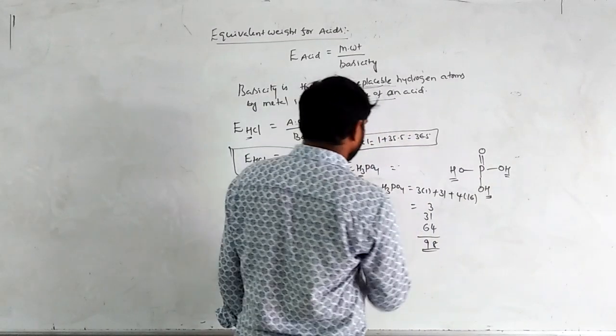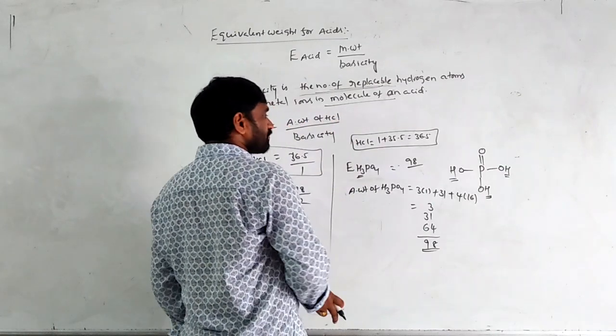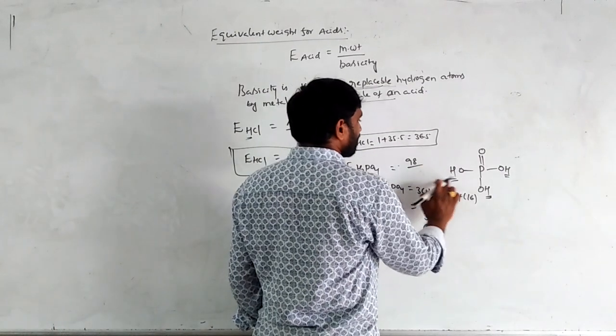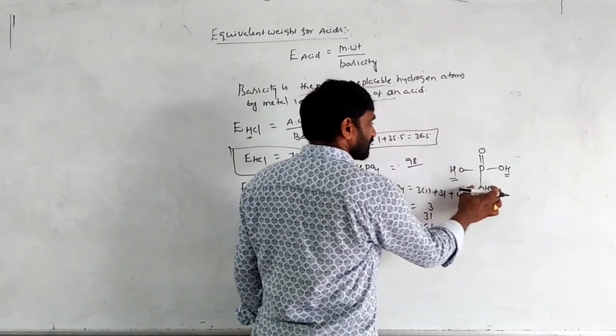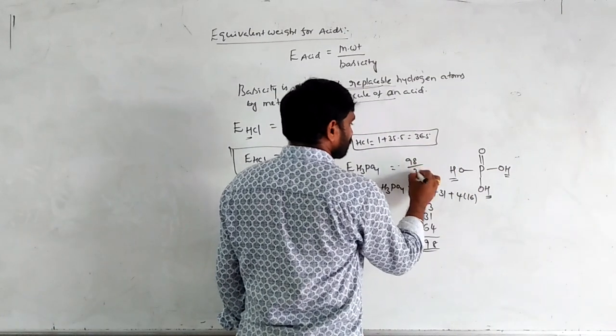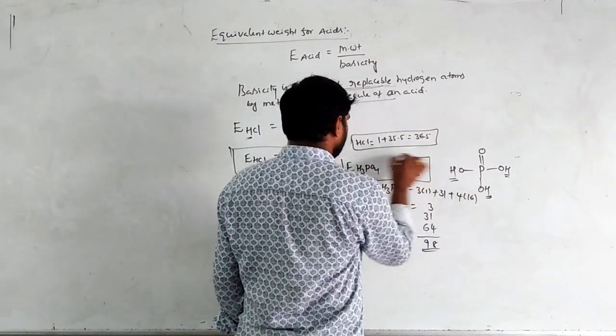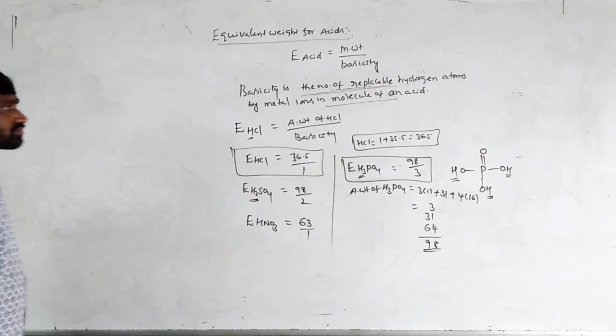So 98 by number of replaceable hydrogens, 1, 2, 3. This is the equivalent weight.